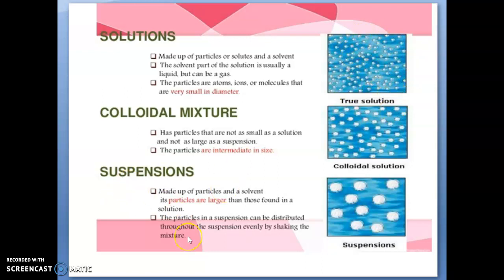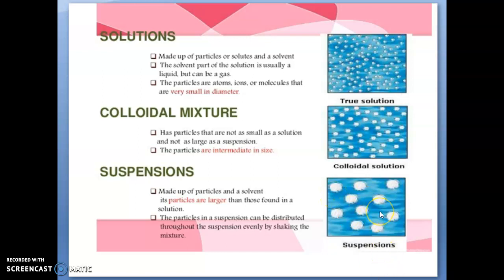Then what is a suspension? It is made up of particles that are dispersed in a solvent and those particles are larger than those found in a solution. We can see that particle size with our eyes itself. The particles in a suspension can be distributed throughout the suspension evenly by shaking the mixture.